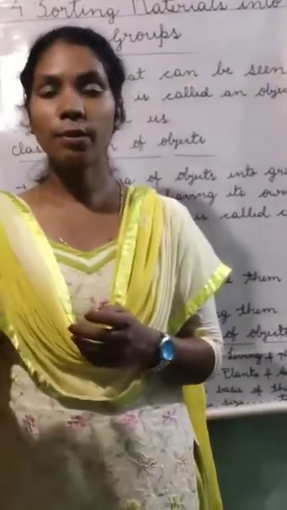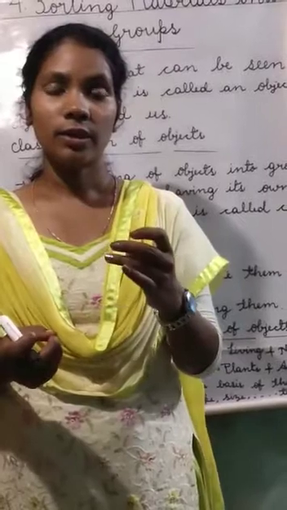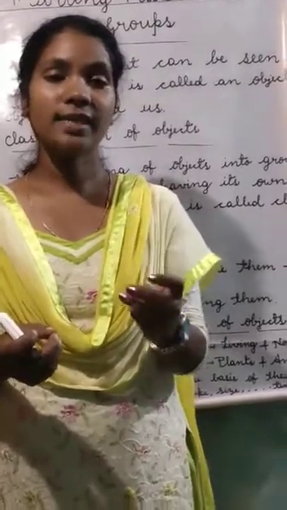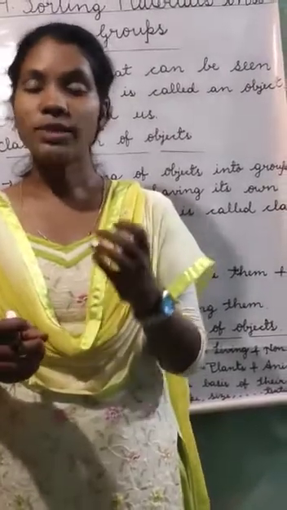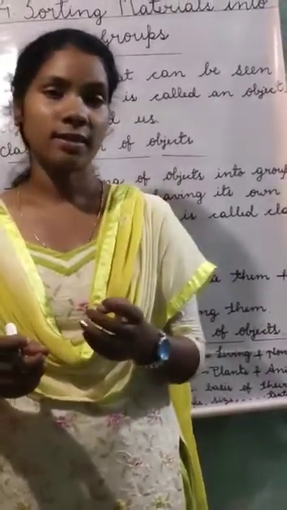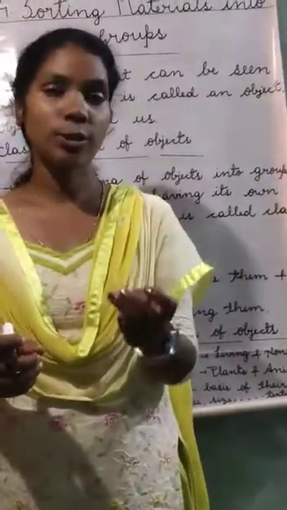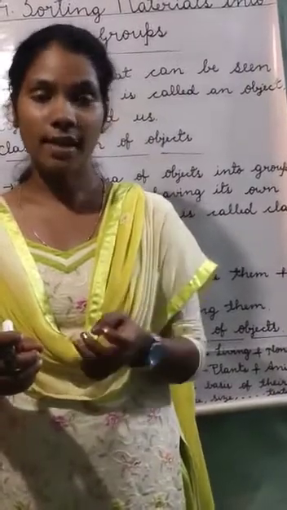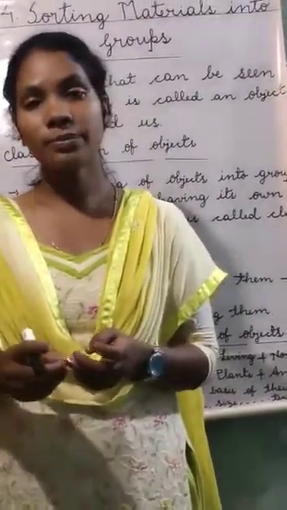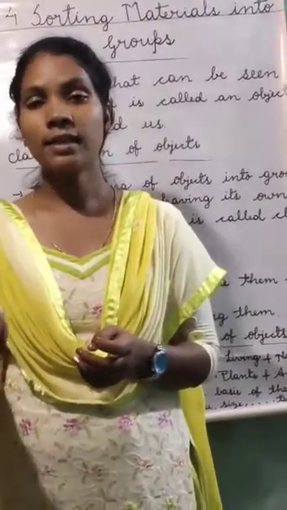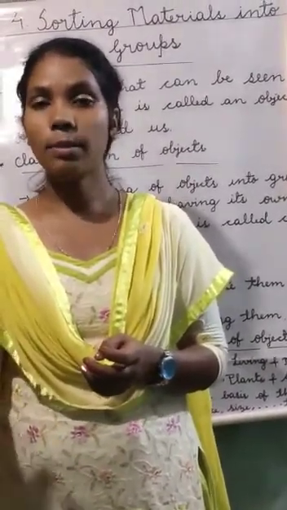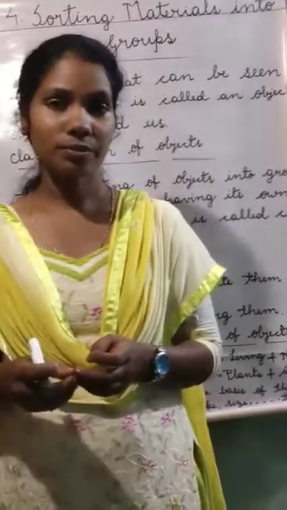Objects made of metals: they are utensils, coins, magnets and so on. Objects made of glass: beaker, test tubes, mirror, etc. And objects made of plastics like mug, bucket, polythene bags and so on.